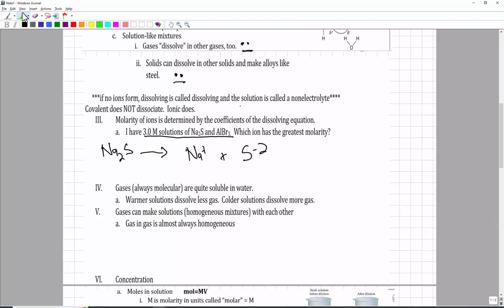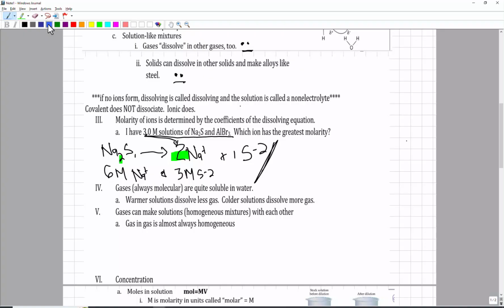There's a 2 there, so I need to put a 2 right here to make sure I have 2 sodiums, and S is a 1. So if I have a 3 molar solution of Na2S, it'll be 2 times as much. 3 times 2 is 6 molar Na positive and 3 molar S negative 2.